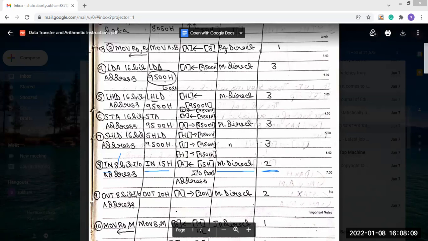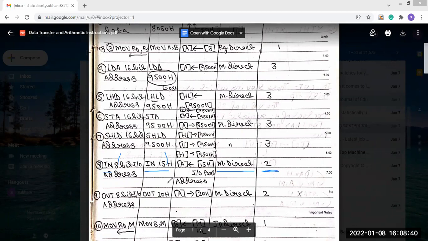That means 15H is a port, the address of the port. From that port address, the content will be moved to the accumulator. This is the 8-bit input output address, for the content of the specified port.